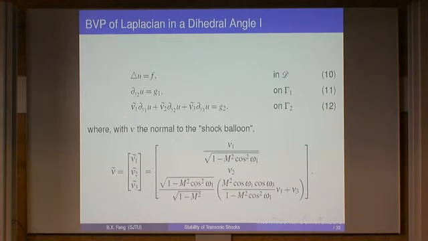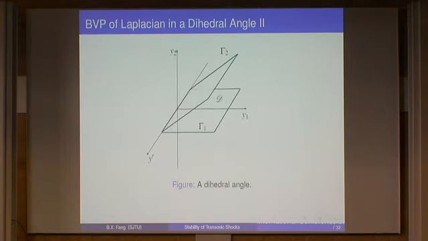I directly write out the coefficients. Here is the normal to the shock front, and these are some coefficients here. And this is the domain. So we have this kind of domain of a dihedral angle.